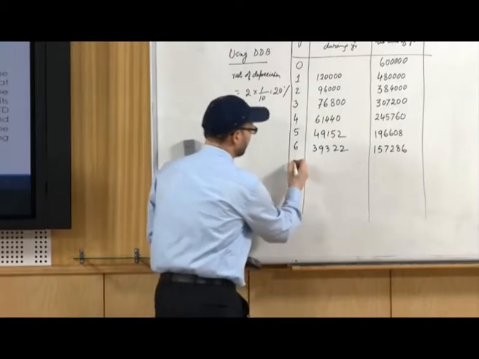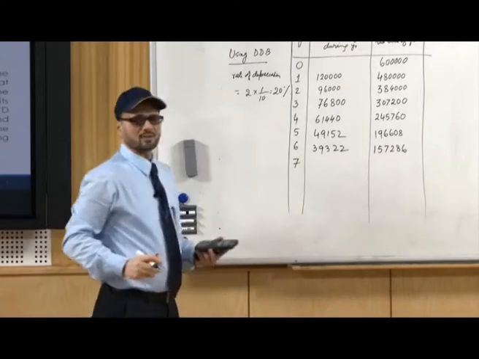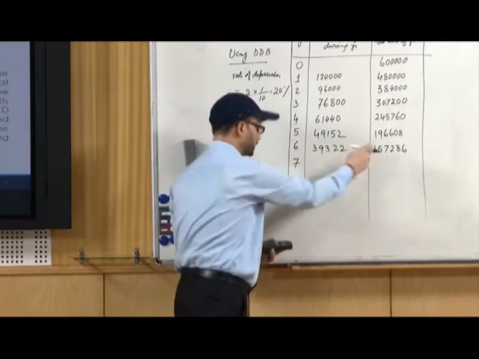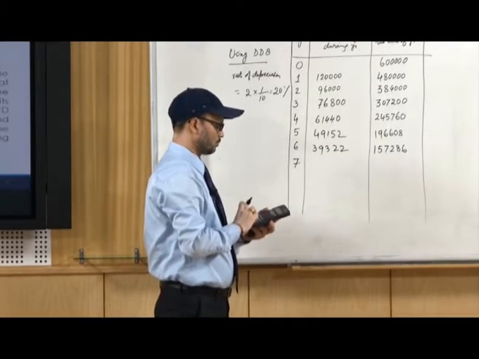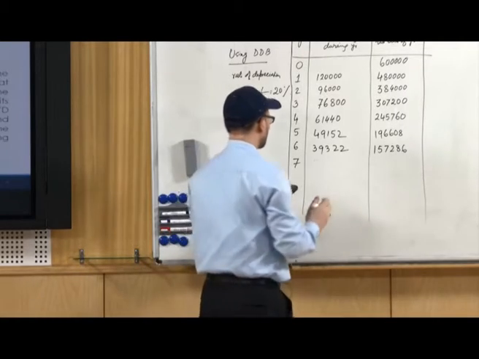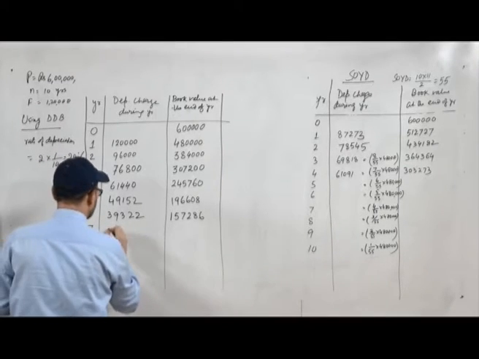Now, in the seventh year the depreciation charge will be 20% of this, it will be 31,457.